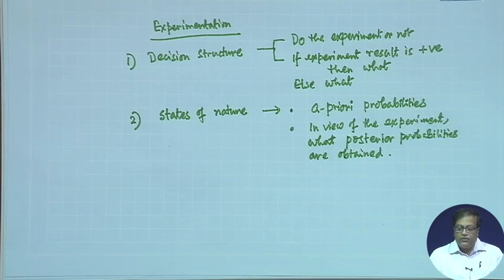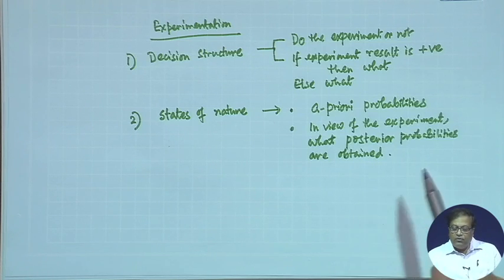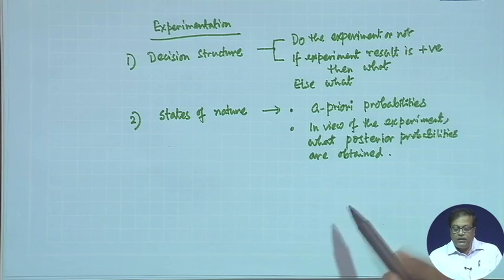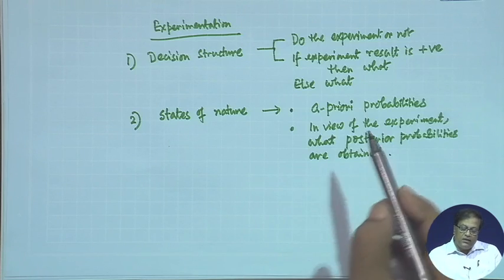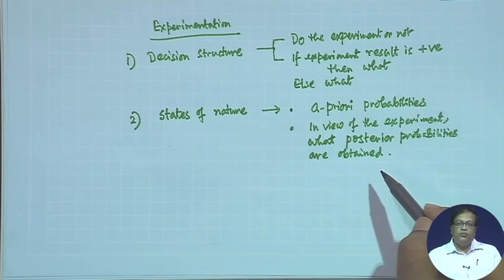So, first of all, there are a priori probabilities, and then in view of the experiment what posterior probabilities are obtained, because the a priori probabilities will now be replaced by the posterior probabilities.